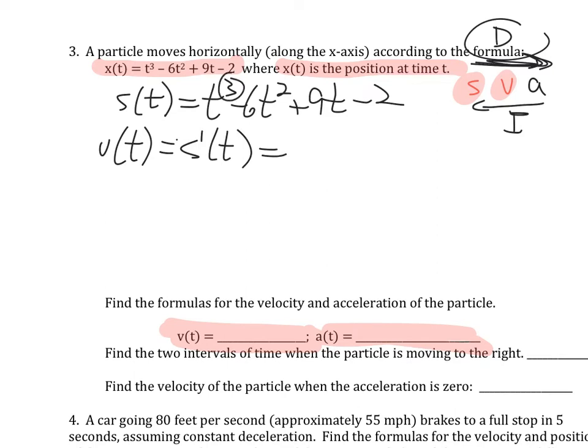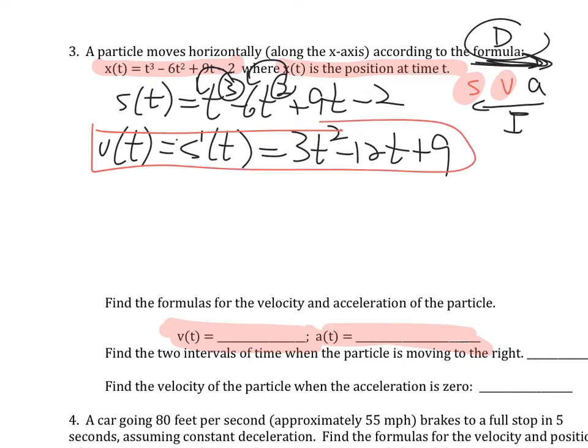So that's going to be equal to 3t squared minus 12t plus 9. And that's the velocity. To find the acceleration, we're going to take the derivative of the velocity, or the second derivative of the position.